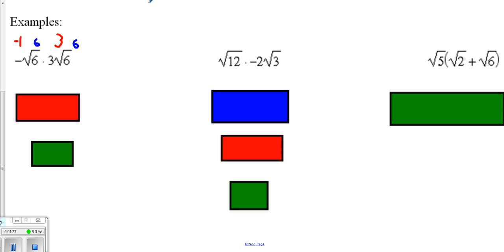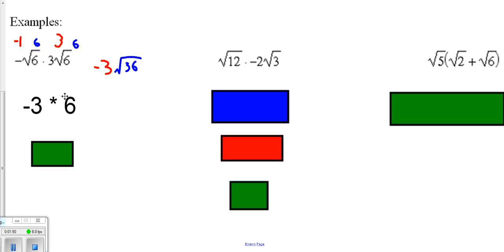When we multiply this all out then, negative 1 times positive 3 becomes a negative 3 as a coefficient. And 6 times 6 makes 36. But remember that 36 is underneath the square root. So it would be negative 3 times the square root of 36.